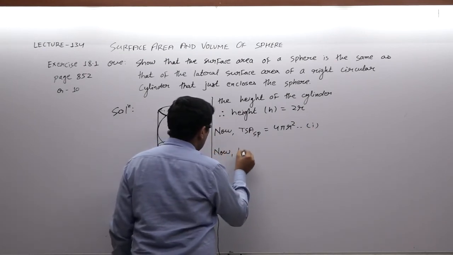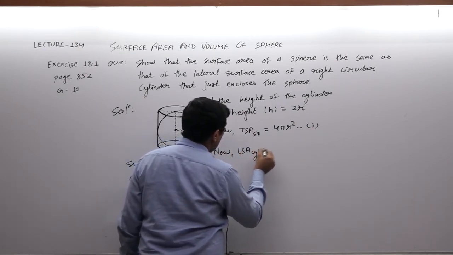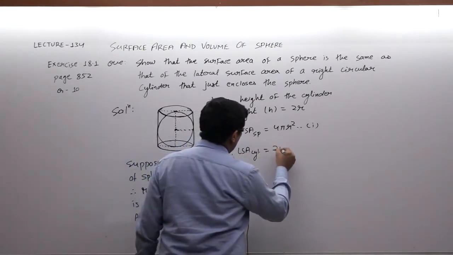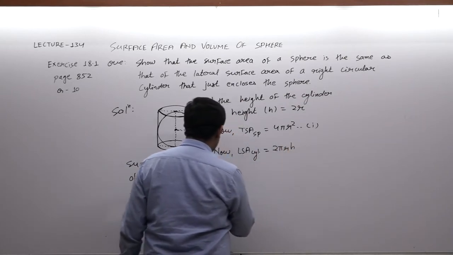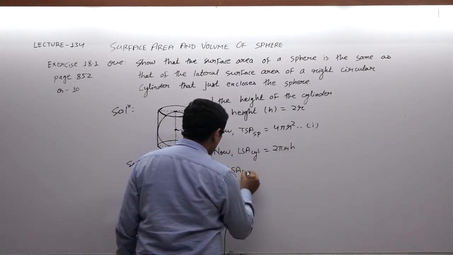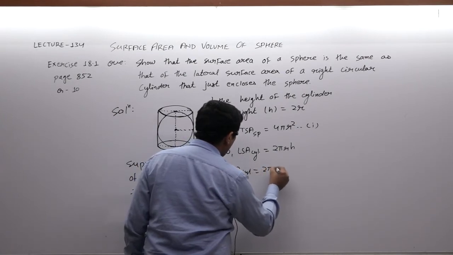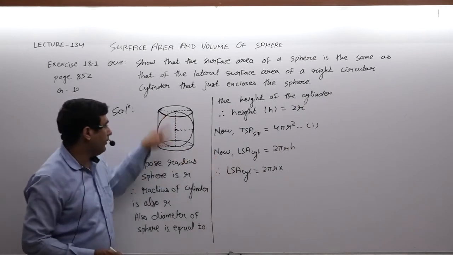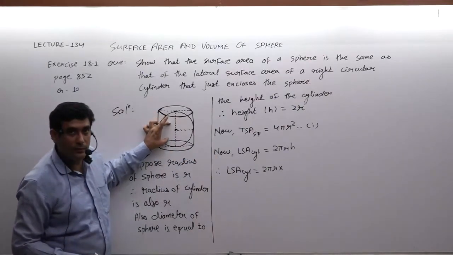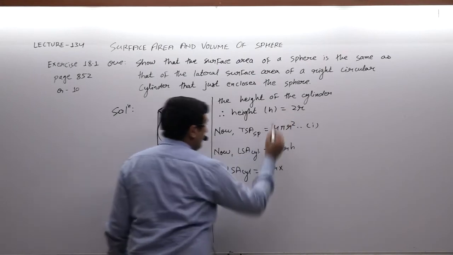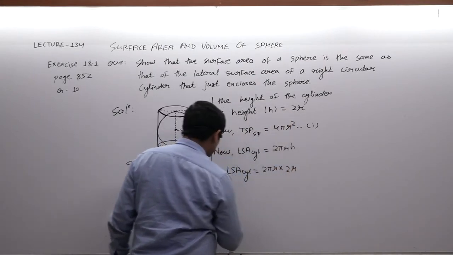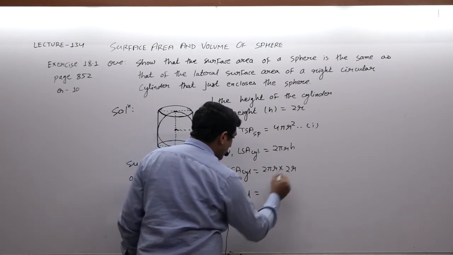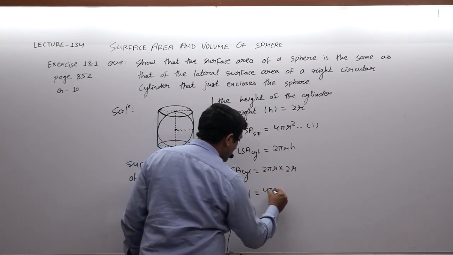Now LSA of cylinder. Now lateral surface area of cylinder is 2 pi r h. Therefore LSA of cylinder is 2 pi, r remains as it is. Height of the cylinder is the diameter of the sphere, that is 2r, that we already proved over there. So this gives you LSA of cylinder is equal to 4 pi r square.